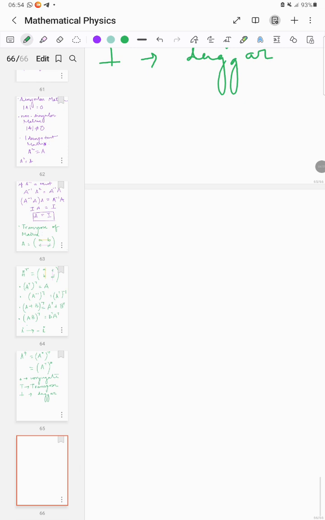Now let us look into our example. Alright, so consider a matrix A, which is iota, 3 iota, 2 iota, and minus iota. Alright. So what will A dagger be?